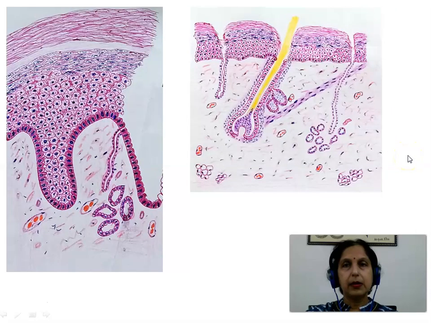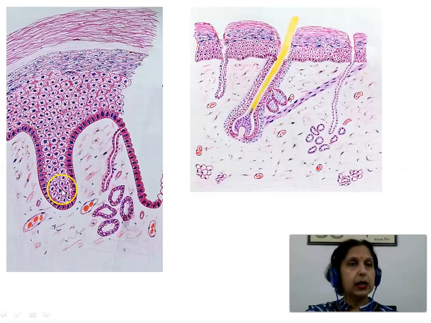Now let us just quickly see the differences between the diagram of thick skin and thin skin. So we appreciate here that the stratum corneum is much thicker in thick skin as compared to that seen in the thin skin. Stratum lucidum is present in thick skin, it's absent in thin skin.